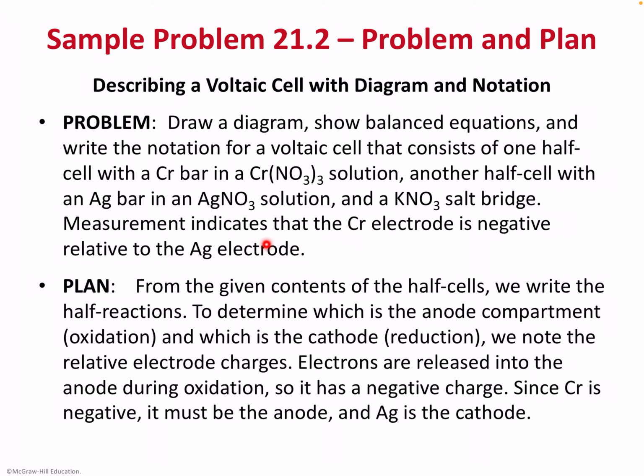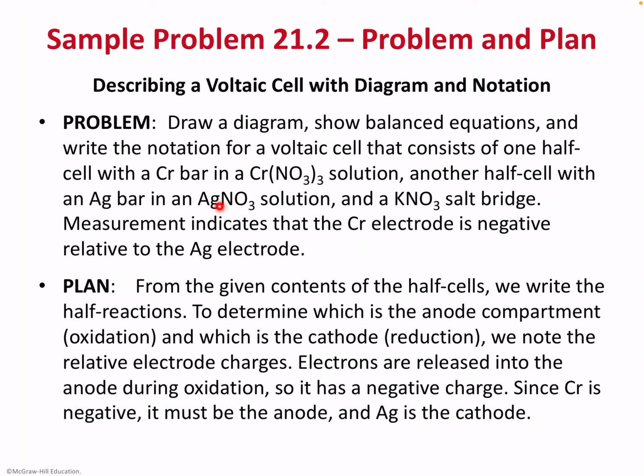Relative to silver. What does that mean if chromium is negative? Which one is the negative electrode? Is it the anode or the cathode? Anode, right. So chromium electrode, if it is negative, is going to be your anode, which means that is where the oxidation takes place.